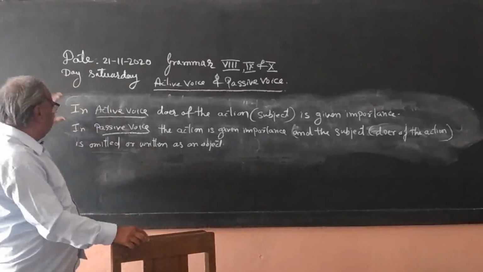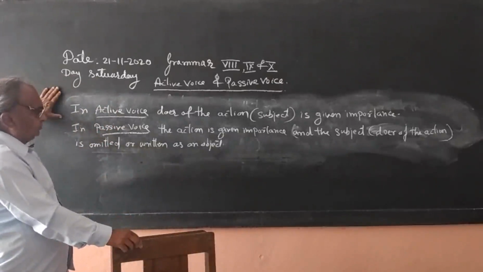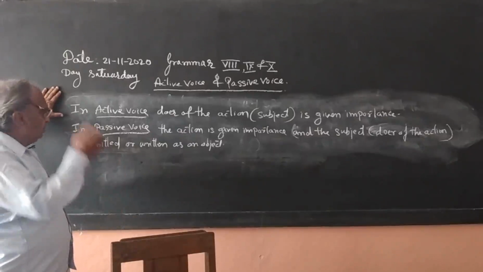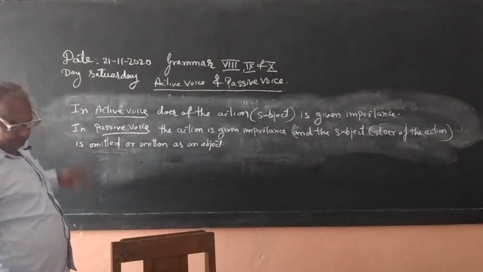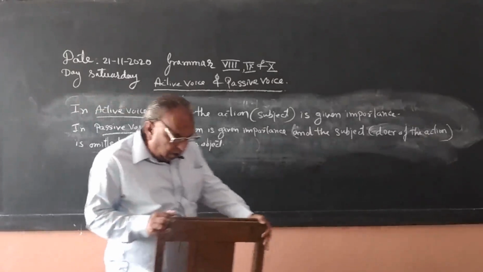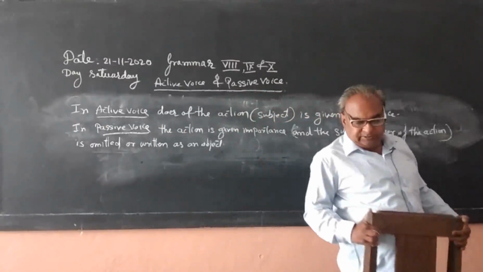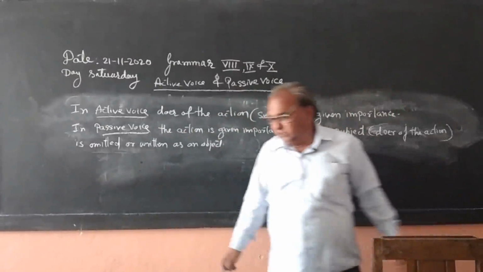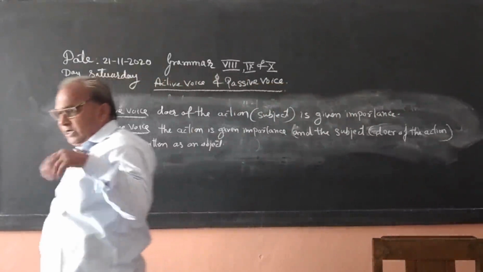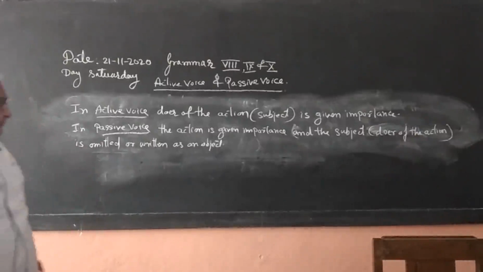So here in active voice, the subject is given importance, the doer of the action is important here. How to recognize whether the sentence is in active voice or in passive voice?